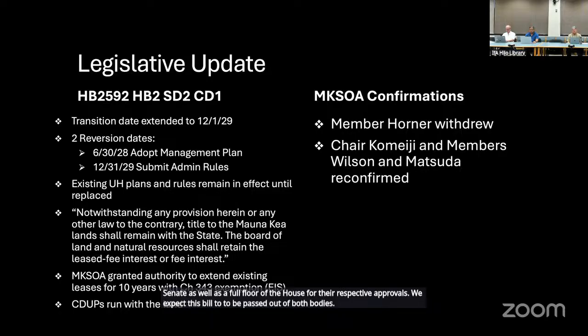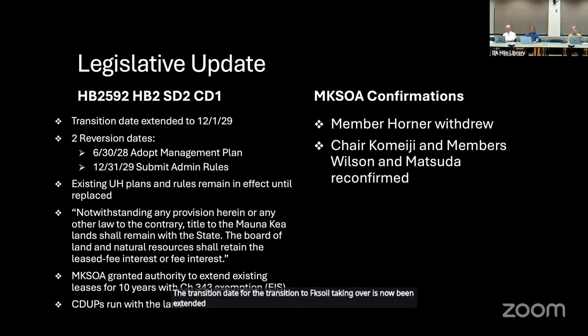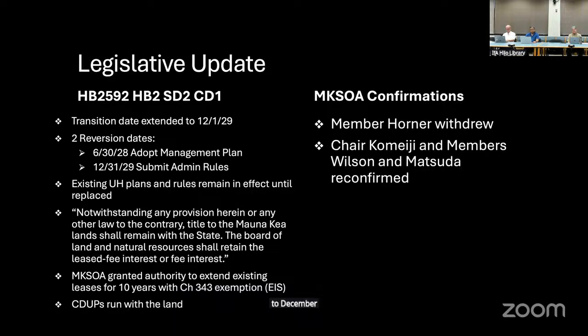The highlights from this bill are, first, the date for the transition to MKSOA taking over has now been extended by 7 months to December 1st, 2029. In an earlier version of a conference draft, they had set that date as December 1st, 2028, which is what we wanted.